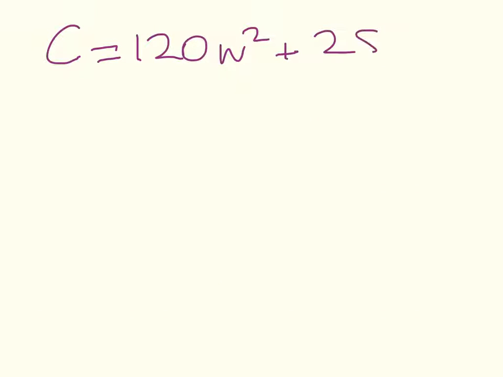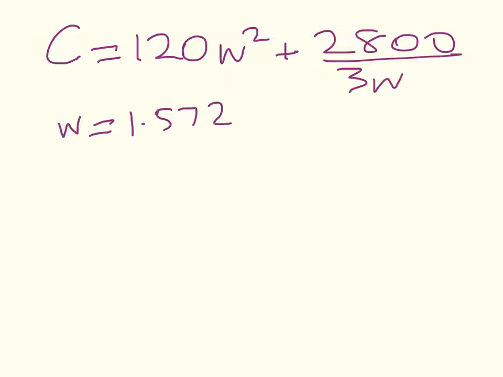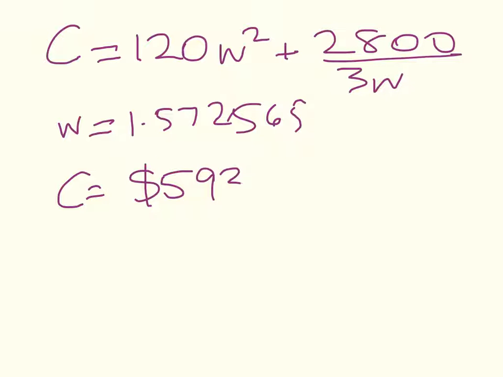Right, so we've got the cost overall of the cardboard box. Go back to that expression, and if I substitute in W equals 1.572565, I will get the cost is equal to $593.51.